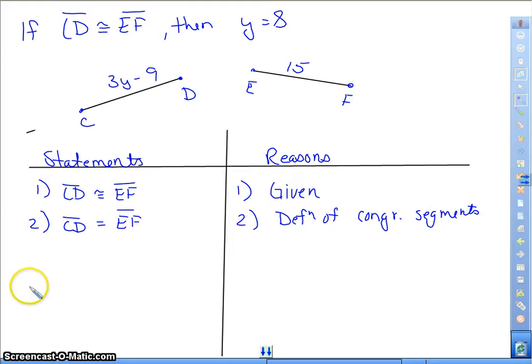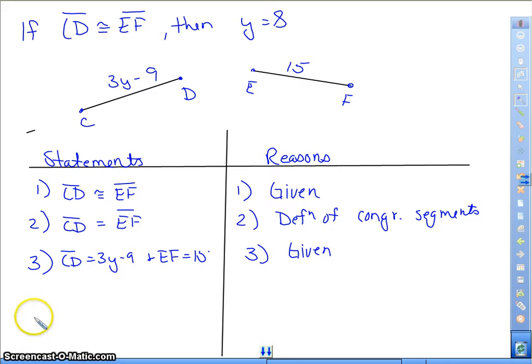Since I know CD equals EF, and I also know that CD equals 3y minus 9 and EF equals 15, and this is all given information, then I can use some substitution. I want to substitute this expression in for CD, and this expression in for EF.